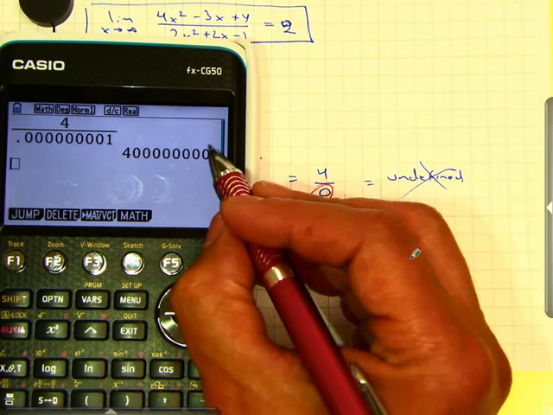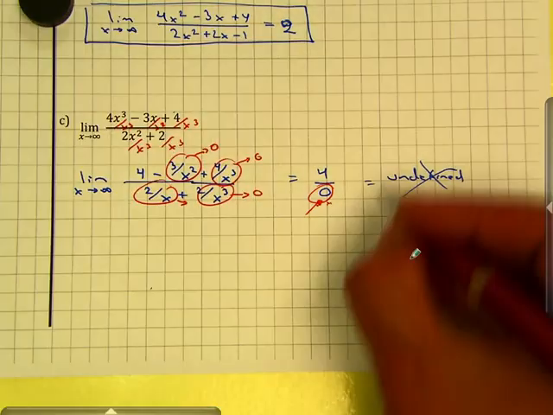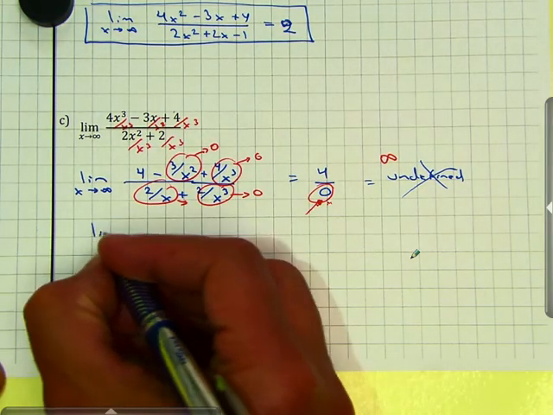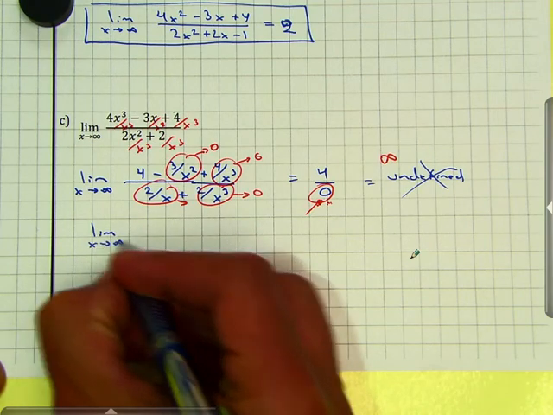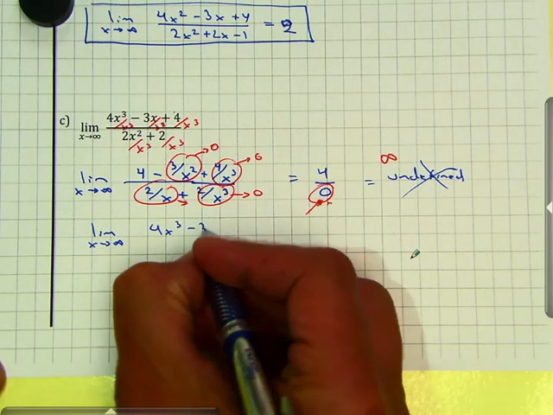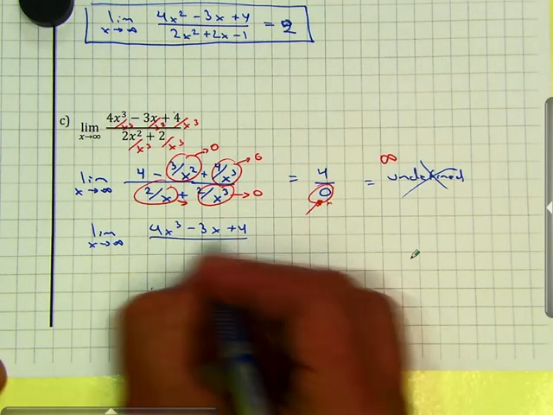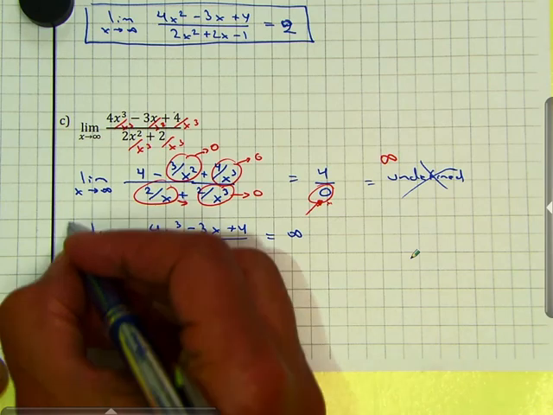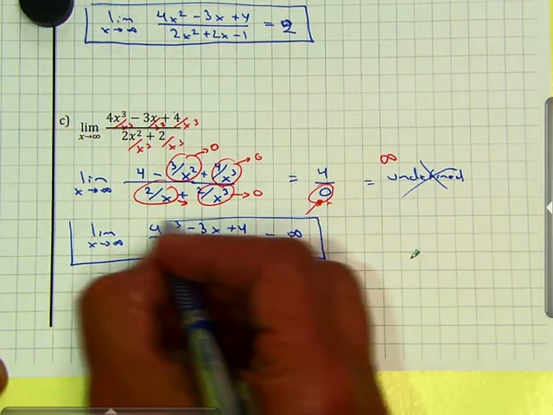So therefore, this number is going to get to infinity. So the limit as x approaches infinity of 4x to the third minus 3x plus 4 over 2x squared plus 2 is infinity. Just like we did back on chapter 2.